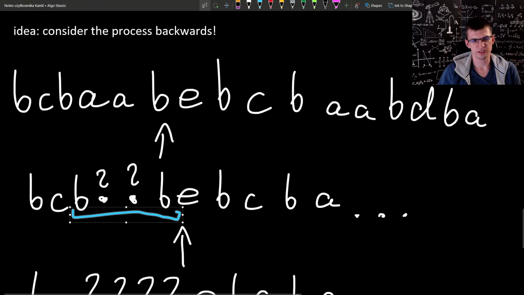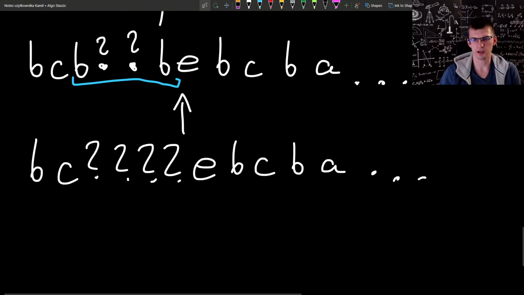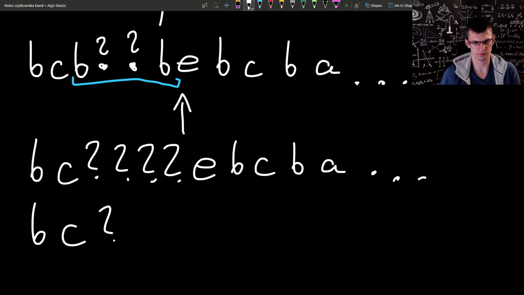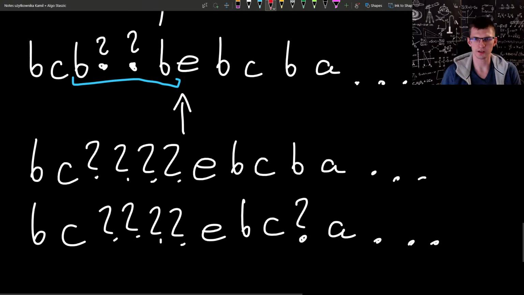And here we see that we will maybe deal with some intervals indeed. Like, what about now saying that we print this B as the third last operation? Which B did I say? This one? Right now, there are two intervals with question marks.